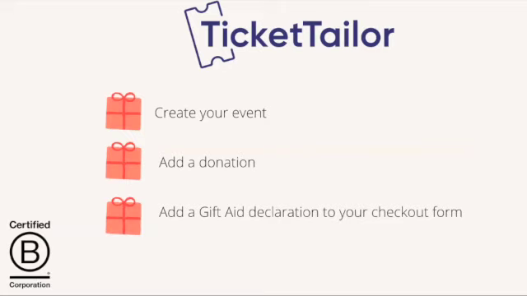You'll create an event, which I'm sure all of you have done. You'll add a donation, which is a special feature we've got to help you collect those all-important donations for your charities or community groups. And then our new feature that I want to showcase is our gift aid declaration for your checkout form. That makes it really easy to collect all the information you need about gift aid.